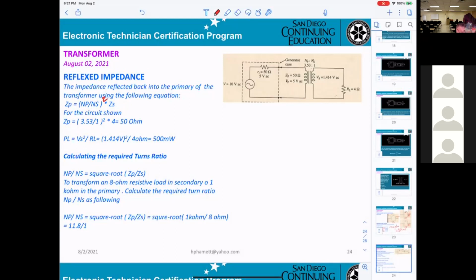Then times 4 ohm, that gives you 50 ohm.